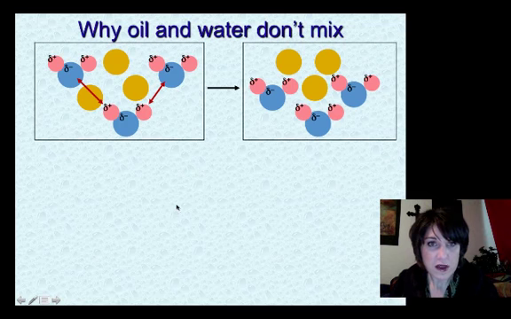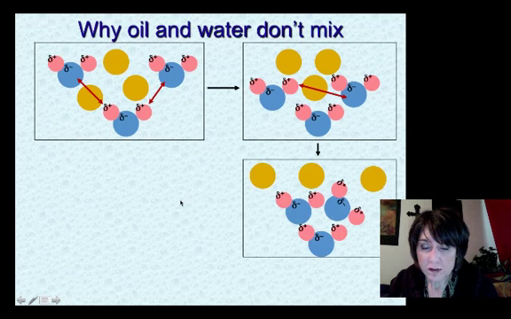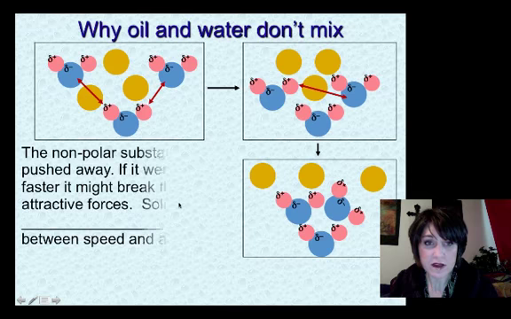When they do, it squishes the oil particles up out of the way. There's no attraction that the water has for those oil particles, and the oil particles don't have any attraction for the water. So as the water gets closer and closer together, the oil, being less dense, gets pushed out of the way so that the water can get closer to its own self. So that's why oil and water don't mix.